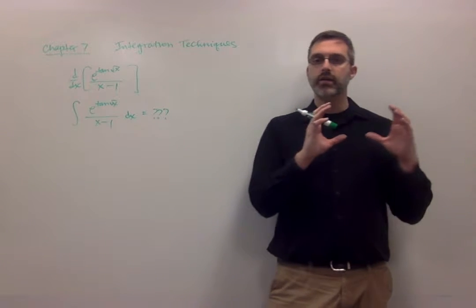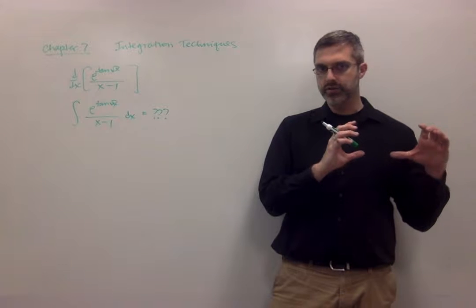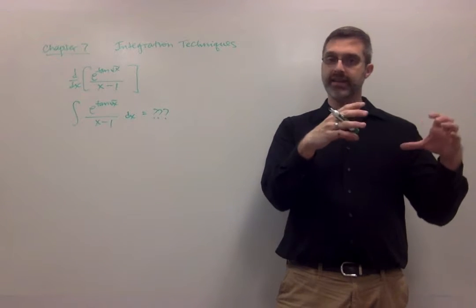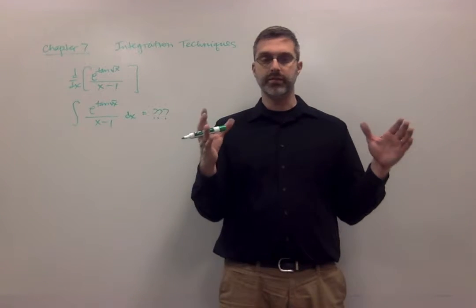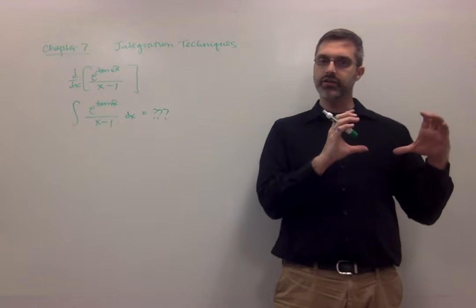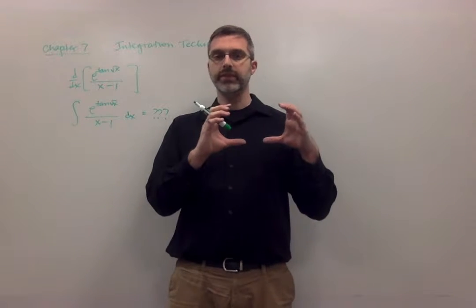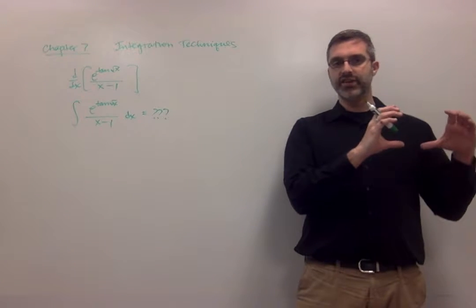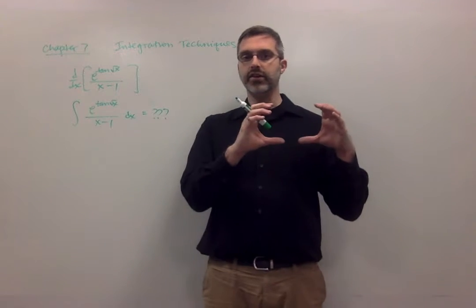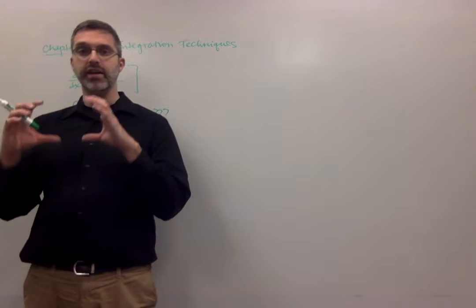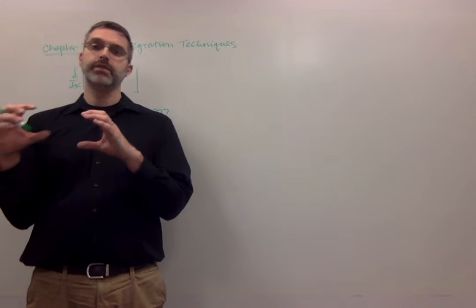When we are faced with a hard integral, we have techniques and we're going to develop more techniques. That's actually what this entire chapter is about. How do I take a hard integral and do something to it so I get an easier integral? If I can take this hard integral, do something, make it easier, maybe do something else, make it even easier, and I have a rule for this, then we're good.